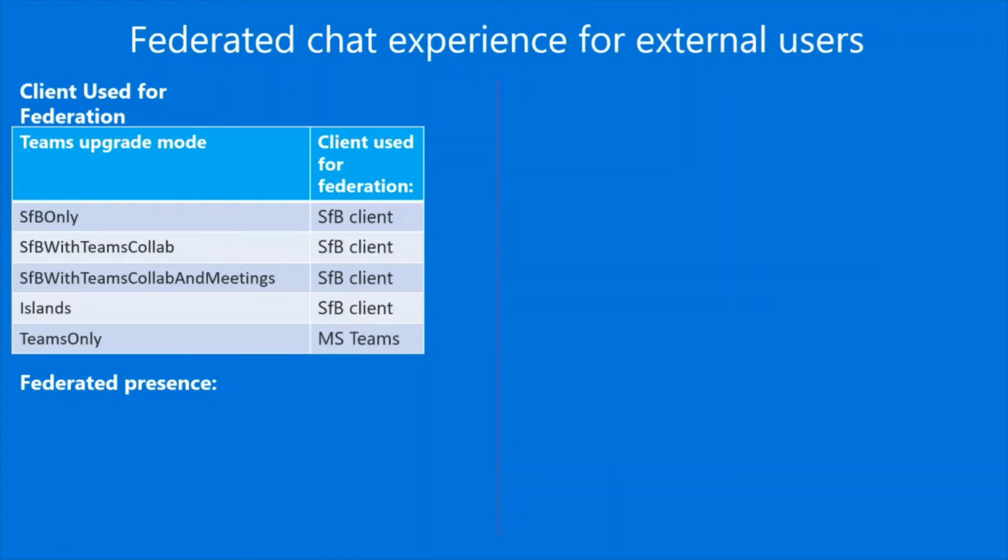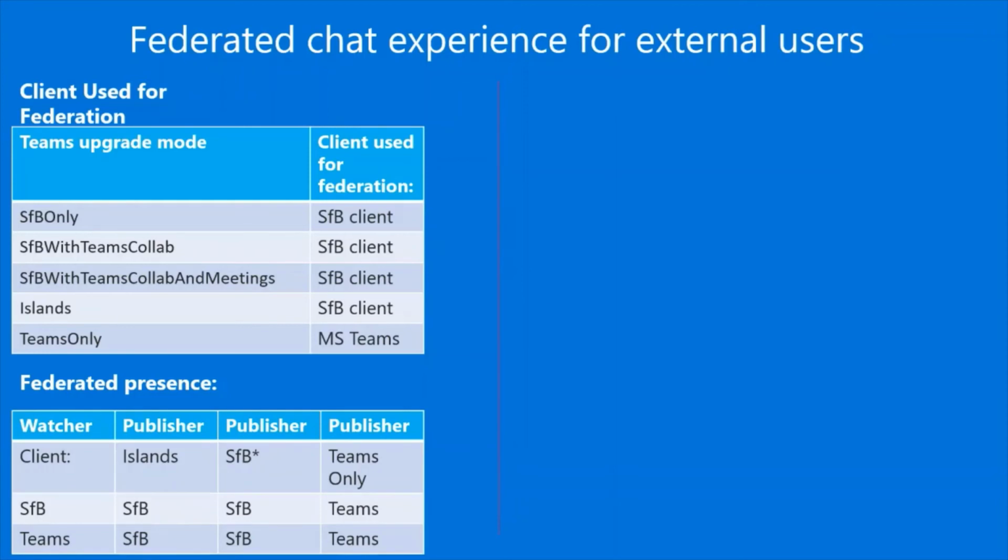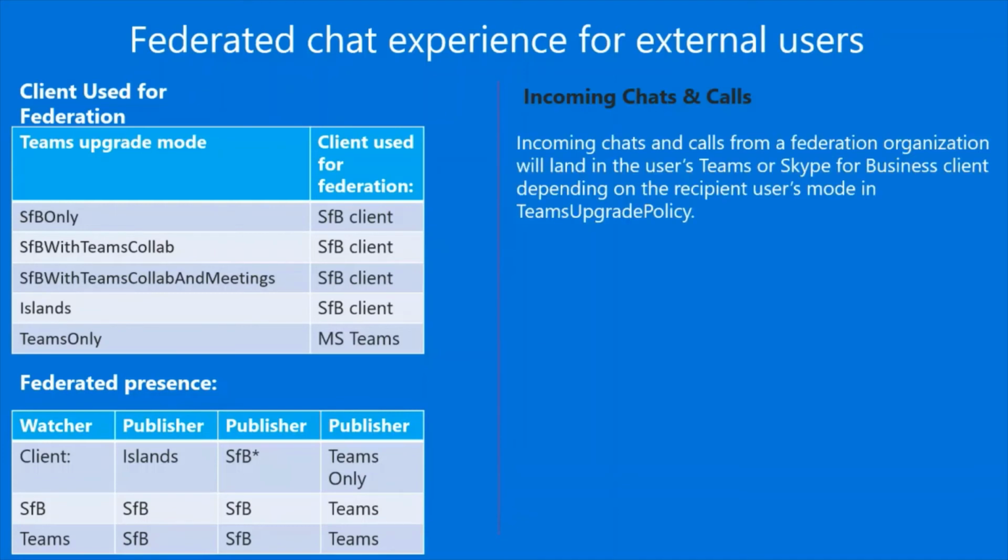Further, the second table shows how presence works. If the publisher of the status is in Islands mode, whether the watcher is on Teams or Skype, he would be able to see the Skype for Business presence of the publisher. If the publisher is on Teams only, the watcher will be able to see the presence of his Teams client.